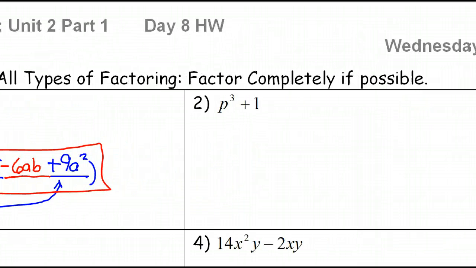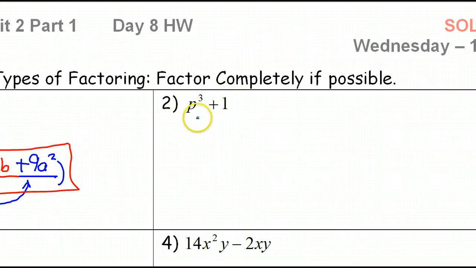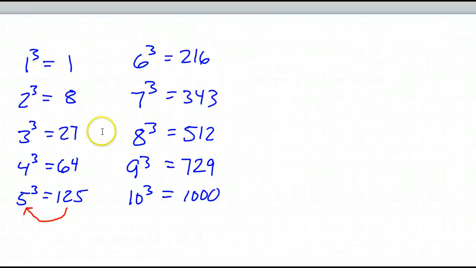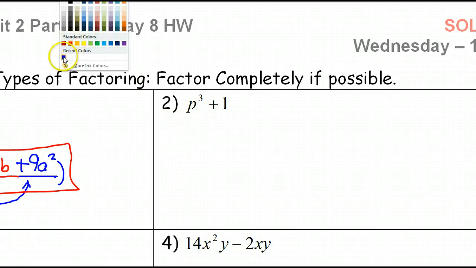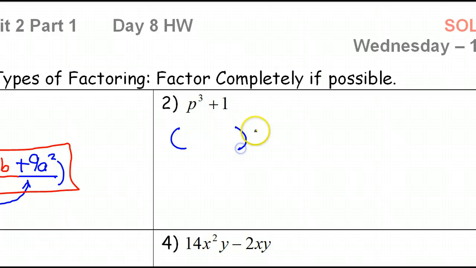Look at number 2. Same thing. This is the sum of two cubes, because 1 is a perfect cube, because 1 to the third power is 1. So again, this is going to factor as a binomial and a trinomial, a two-piece and a three-piece.